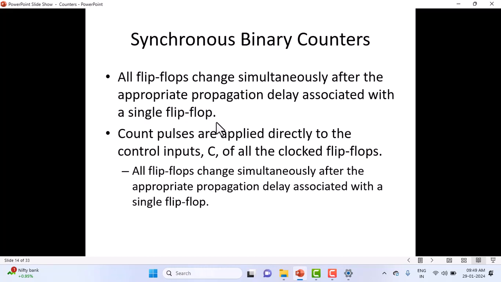What is N? Number of stages. TPD is nothing but T subscript PD, propagation delay of each flip flop. Understand here? Suppose if there is a 4th stage, if propagation delay of each flip flop is 10 nanosecond, how much overall the delay in the 4th stage counter? 40 nanoseconds, right?